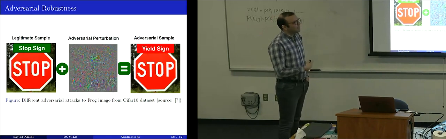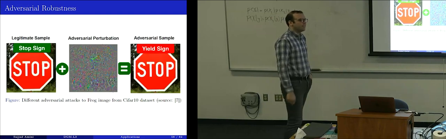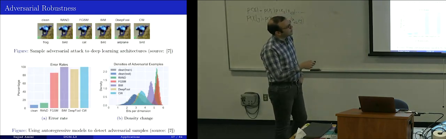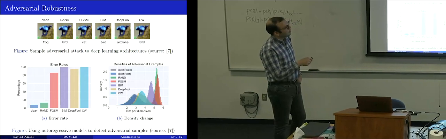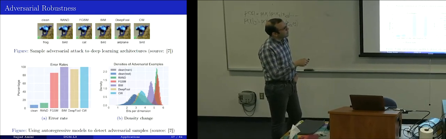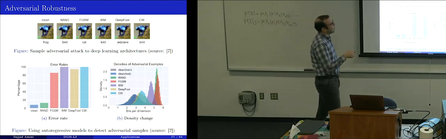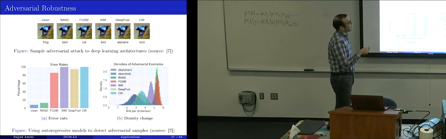But how can generative modeling help us with this scenario? Look at these images. This is a clean image, which is a frog. This is again that image, but random noise is added to your frog. You see that you do not have any changes here, and you still infer that this is a frog, but a model outputs bird.